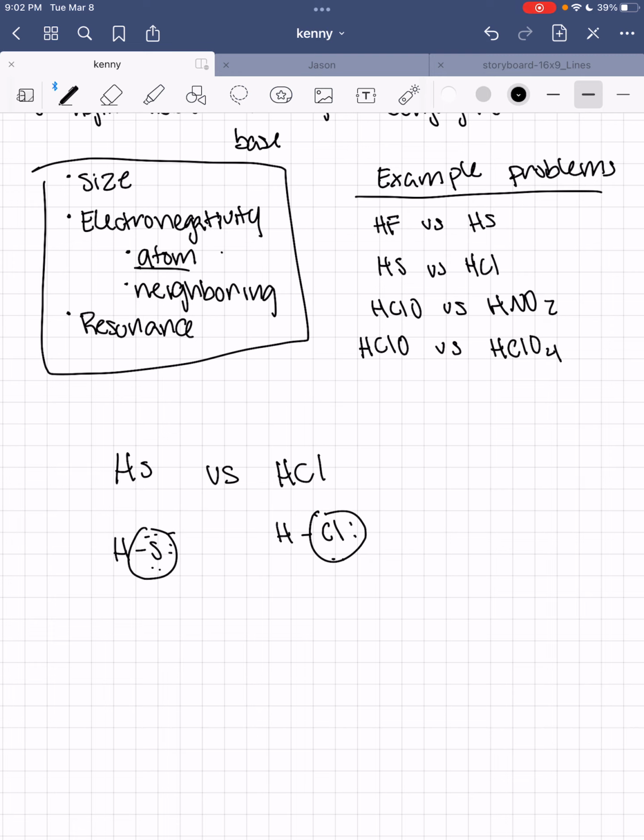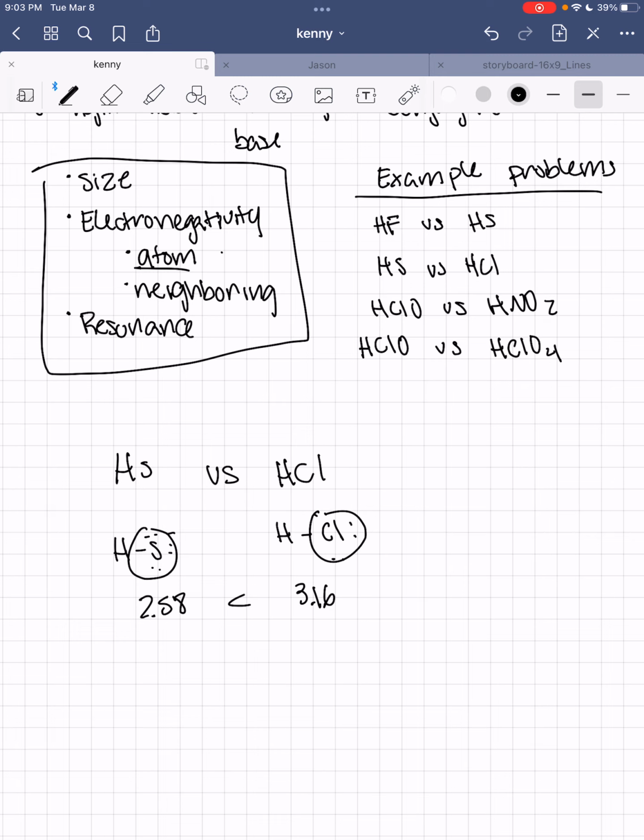The electronegativity of sulfur is 2.58. Let me write that better. Versus the electronegativity of chlorine, which is 3.16. And 3.16 is obviously bigger than 2.58. So that means chlorine is more electronegative.